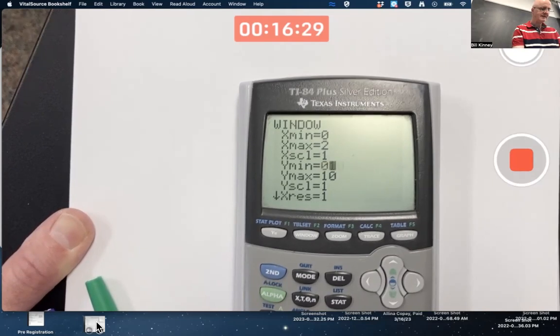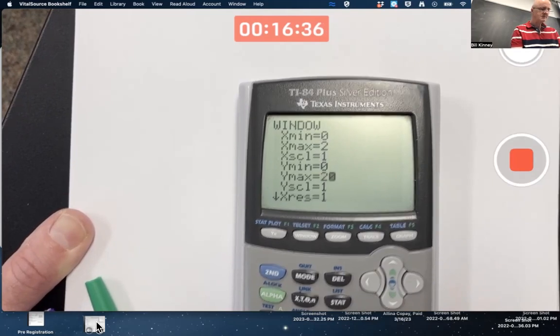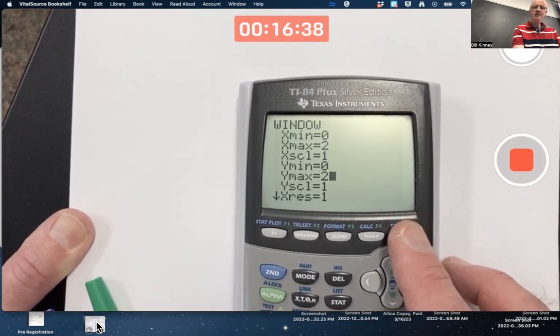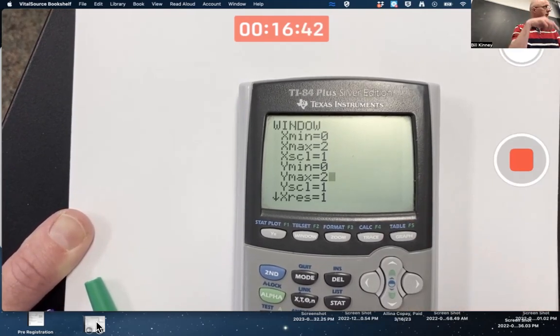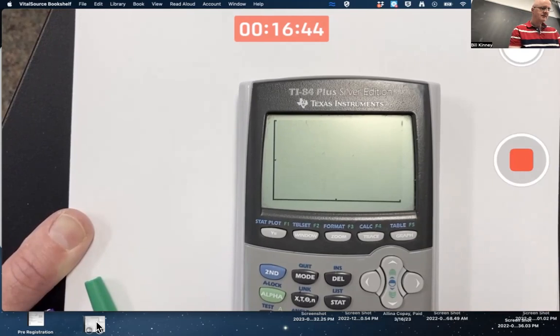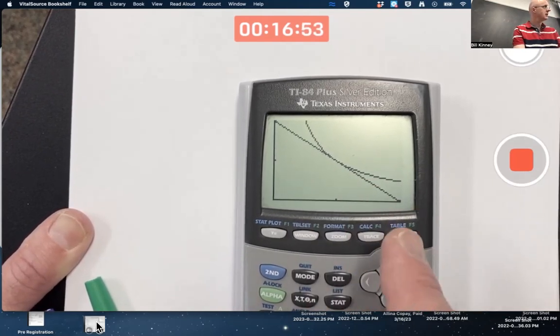So technically it gets arbitrarily high, but I don't really want to make my y values go too high, just for the sake of seeing a nice picture. I'll go 0 to 2 for y as well. So the first graph we'll see is the curve 1 over x. There it is. And the second graph is the tangent line at x equals 1. You can see it looks like it's tangent to the curve.